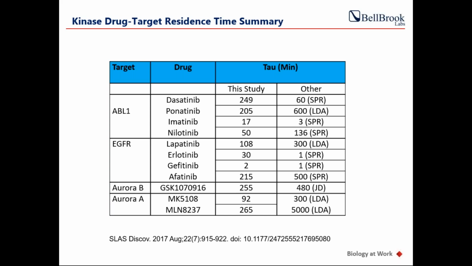The displacement of an inhibitor from an enzyme that's bound to a surface, where it's conformationally constrained, or alternatively looking at the dissociation during catalysis. I would pick the latter. So we're lobbying for this jump dilution approach as a more physiologically relevant measure of drug target residence time.